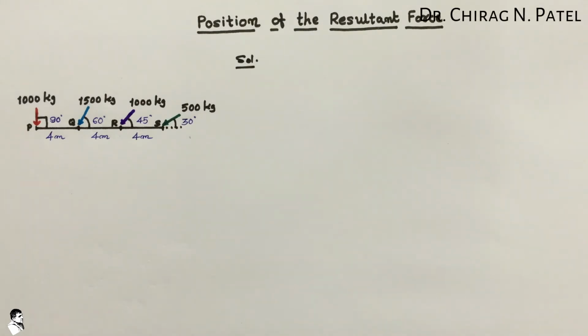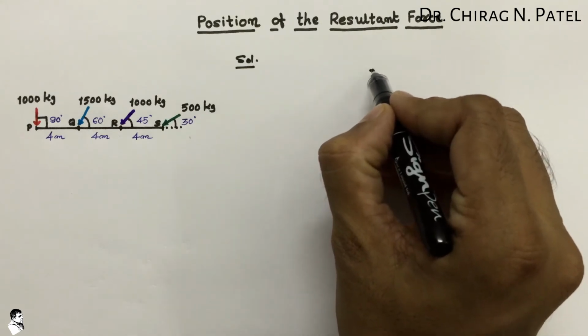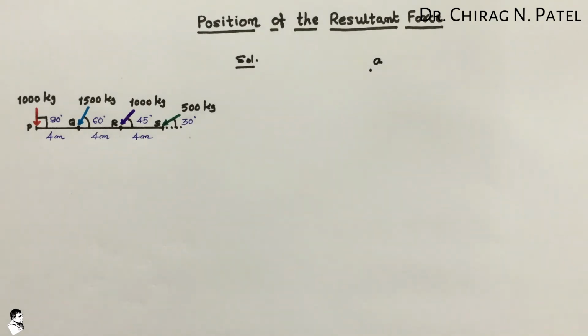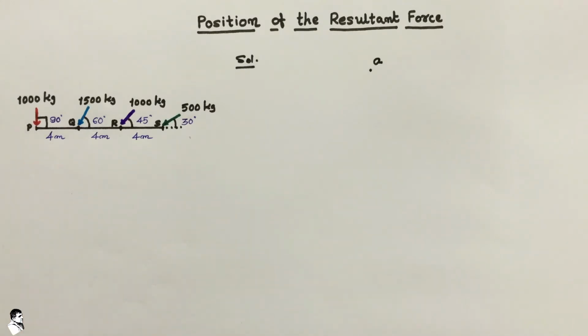and for that we have to select a suitable scale to plot the given forces. So let us start with point A in the vector diagram, and we first take the 1000 kg force, which is in a downward direction.